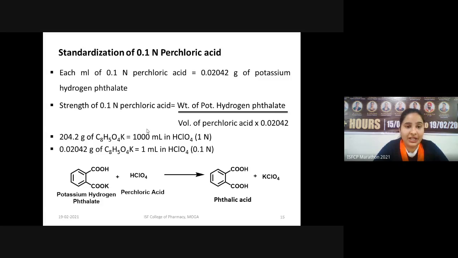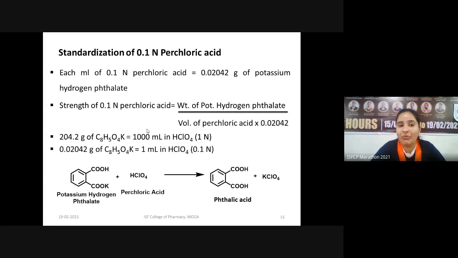So what will be the strength? How do we find out the strength? We find out the strength of the perchloric acid by dividing the weight of the potassium hydrogen phthalate by the volume of perchloric acid which we have used, and also by the value of potassium hydrogen phthalate which is equal to 1 ml of the 0.1 normal perchloric acid, that is 0.02042.